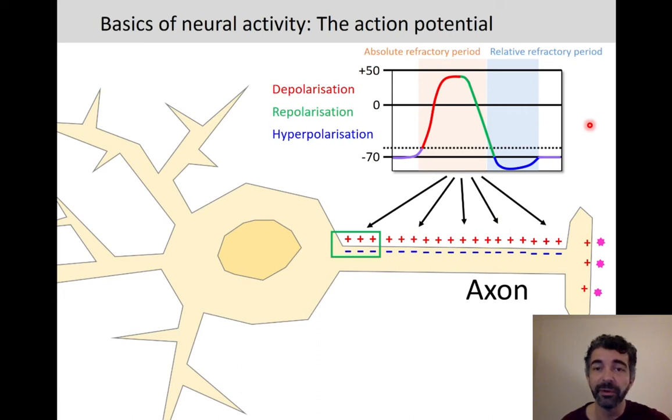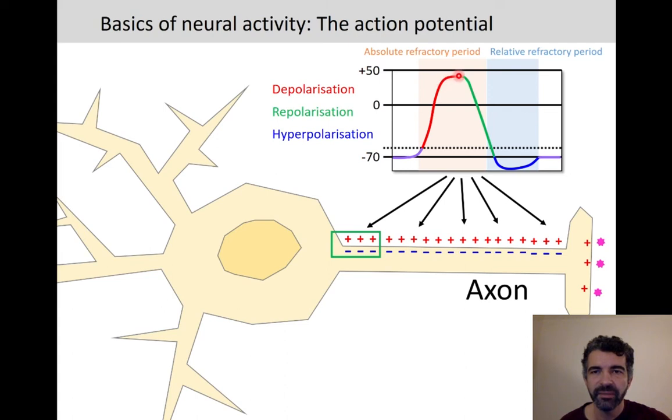Here's an overview of the voltage changes across the scope of such an entire action potential. So we start at minus 70 millivolts, the resting potential. There's a graded potential, which in this case reaches the threshold for an action potential to happen. And then we see the depolarization here happening. This depolarization goes into the positive area, so now the inside of the cell is more positive than the outside.